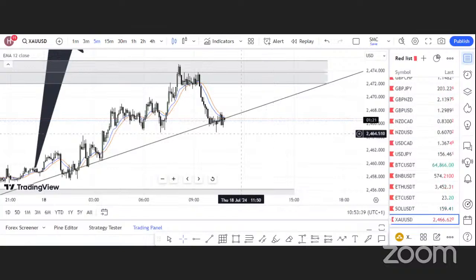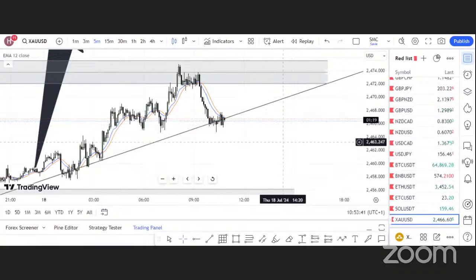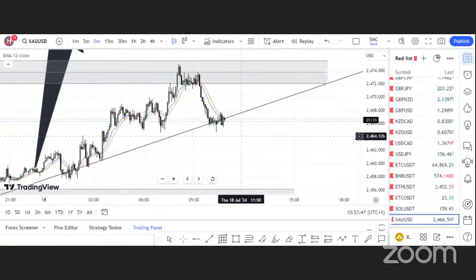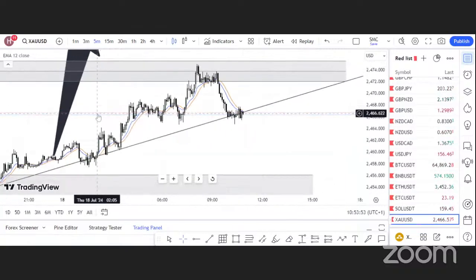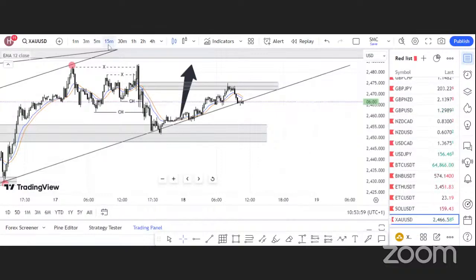Okay, let's just stay on the 5 minutes time frame. We have less than 2 minutes to the end of this candle. So if the candle closes in our favor, then we get to open a position.